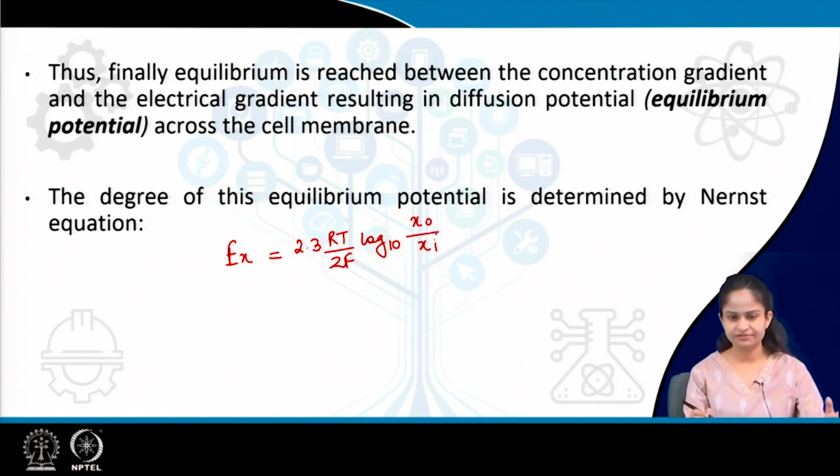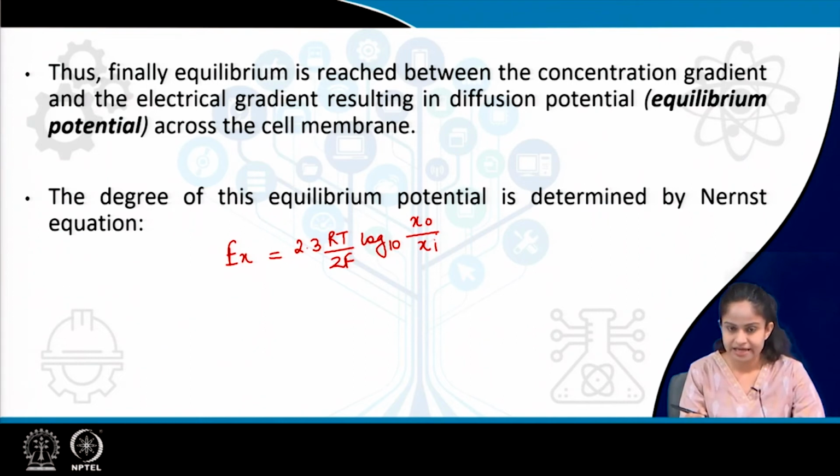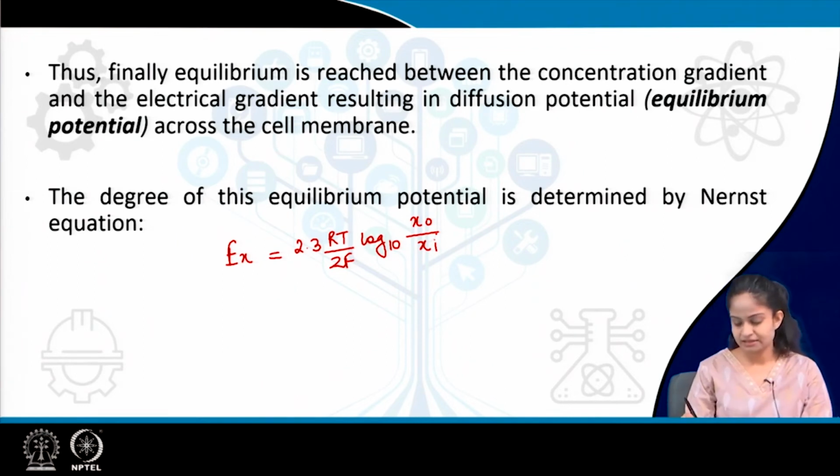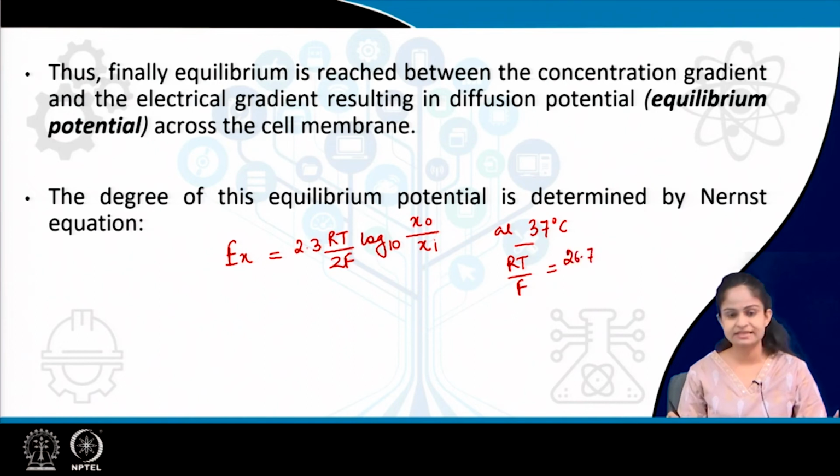Now, you do not have to remember all these factors. Z is mainly for the valency, F is the Faraday's constant, R is the universal gas constant, and T is the temperature. So, at 37 degree centigrade core body temperature, this factor RT by F is equivalent to 26.7.